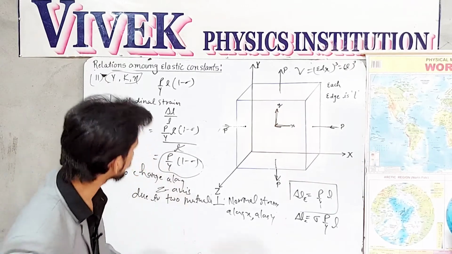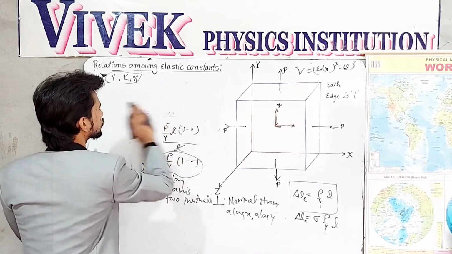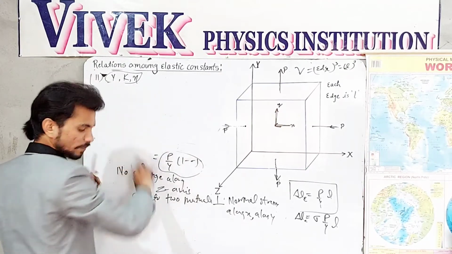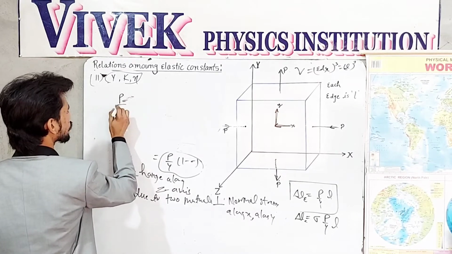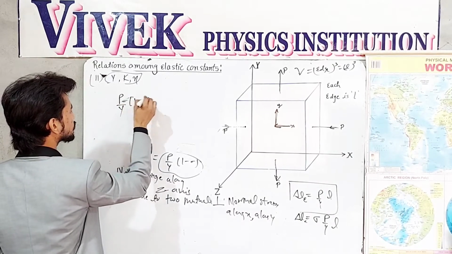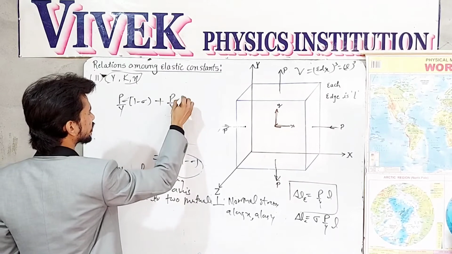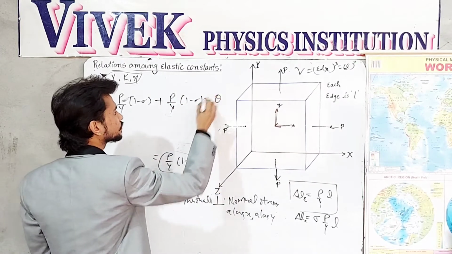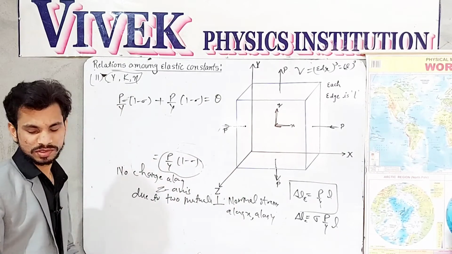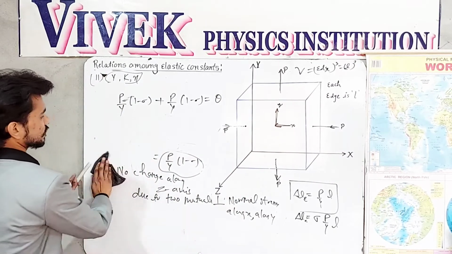Now I can make use of these two longitudinal strains. One is along the x-axis, one is along the y-axis, and they are generating a shear strain in the body, which does not let any change take place in the z direction.